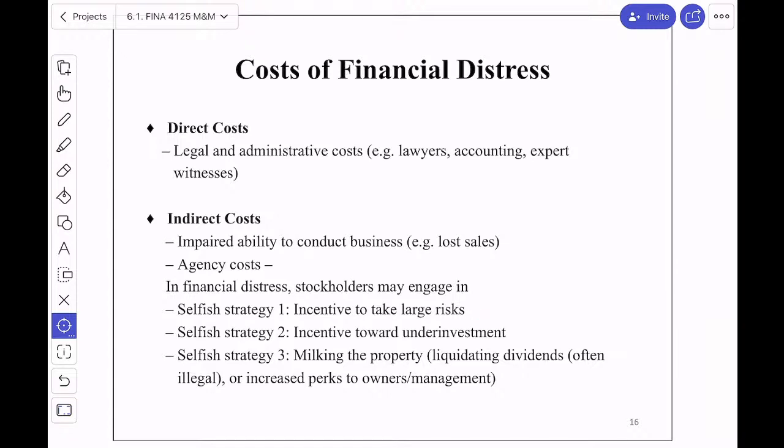So we talked about cash flows for potential projects, and we talked about projects that would be risky, but they look like they have a high return in the long run. Maybe they'd be incentivized to take large risks because, well, might as well.